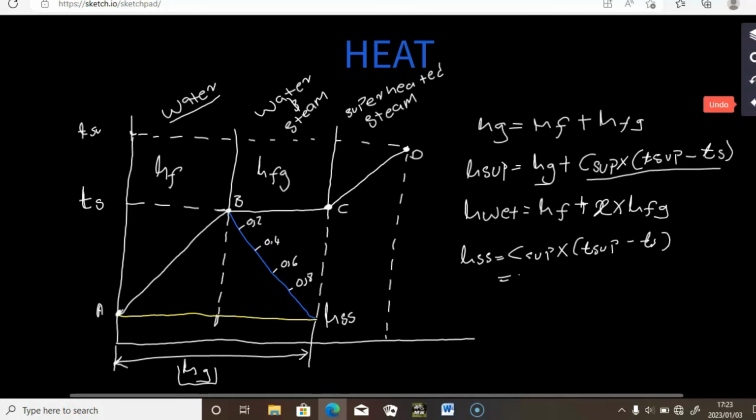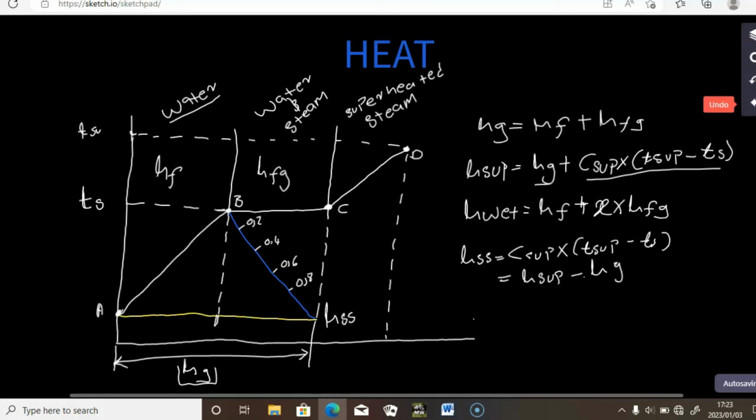Or we can say H sup minus Hg. It's also the same thing. If we have this information, we can use this, but if we are given H sup plus the enthalpy of the dry steam, we can use this one. Depending on what you have, you can choose which formula you are going to use.